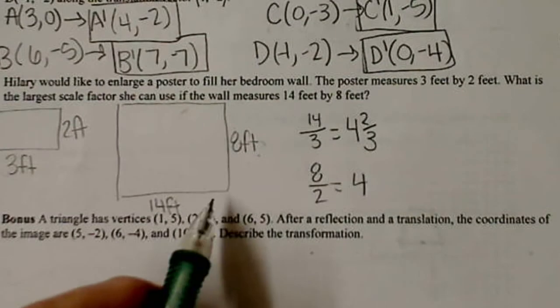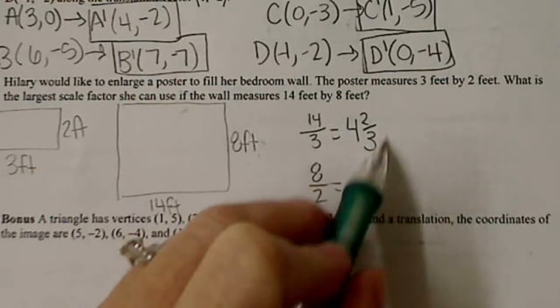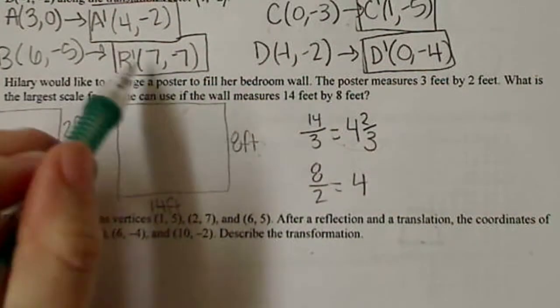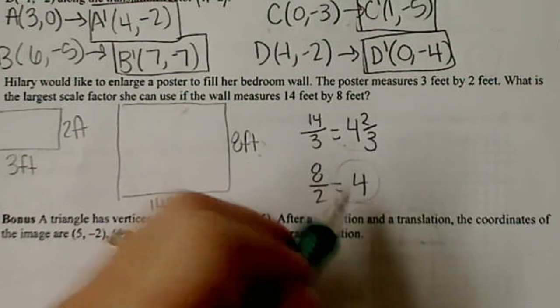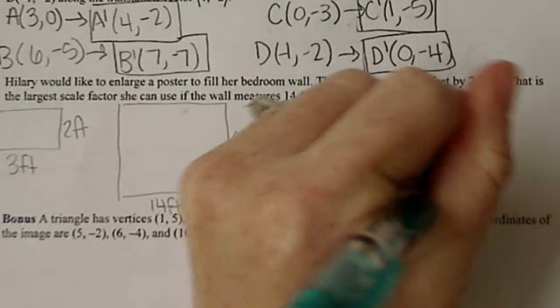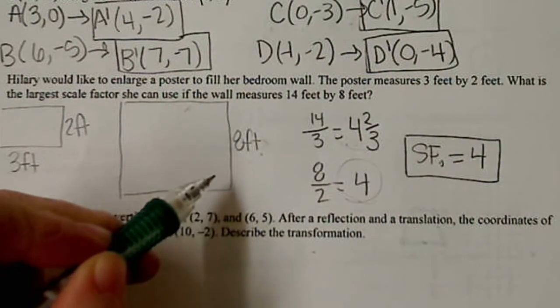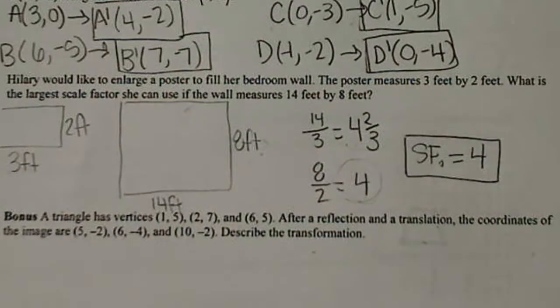Since this bottom is longer scale factor wise, if I use this scale factor, then my poster won't fit on my wall. Part of it will hang off up top. So my largest scale factor is 4. Yes, some of my wall may be showing, but at least I won't have part of my poster that will have to be cut off.